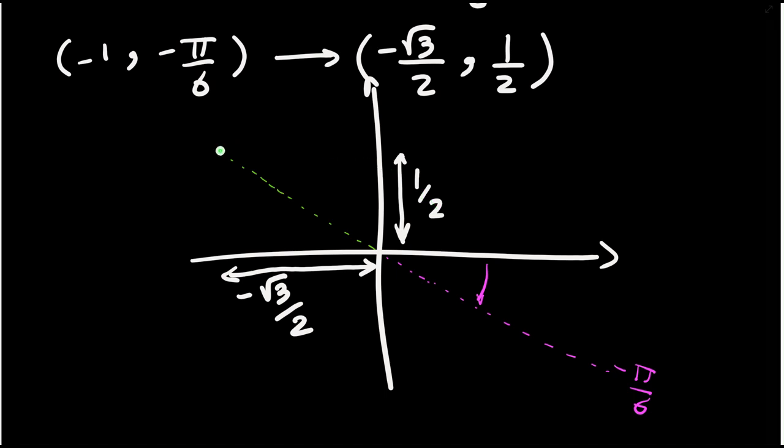So again, this point is positive r and 5 pi over 6, or negative pi over 6 and negative 1, because positive 1 for negative pi over 6 is here. This is positive 1 for this angle, and this is negative 1. And for the angle 5 pi over 6, positive r is here, negative r is this direction.